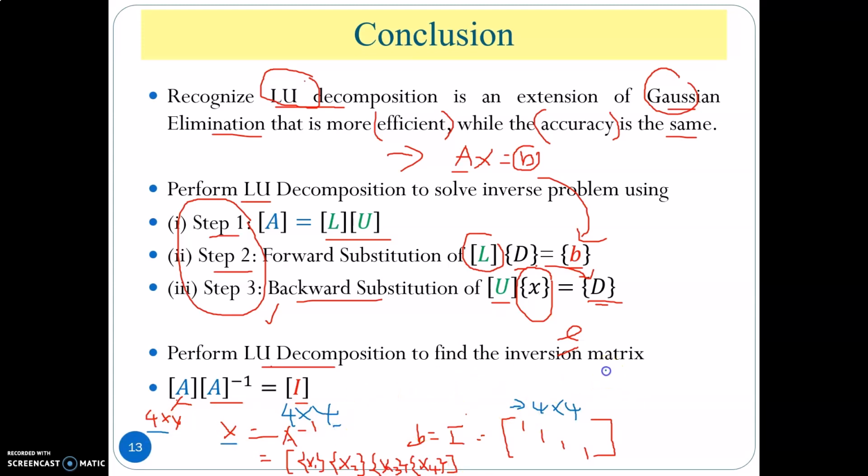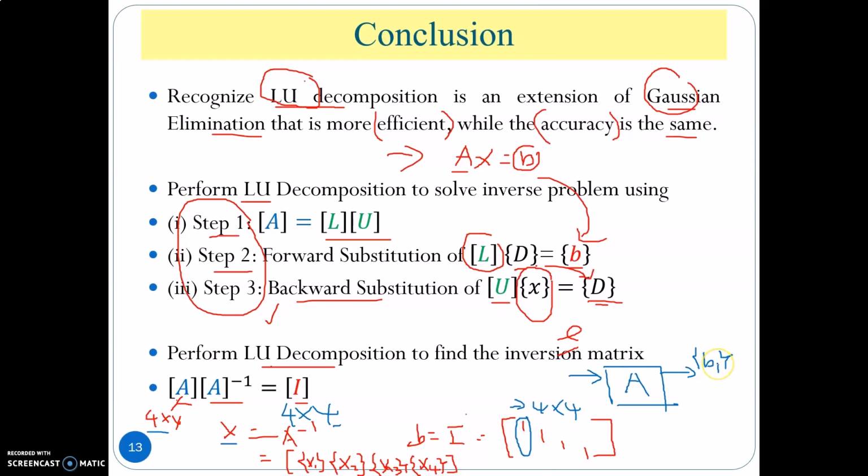We can solve this problem by assuming the system is A. So this is the system matrix, and then for your output, let's say the b1 at the first column, so you have 1, 0, 0, 0.